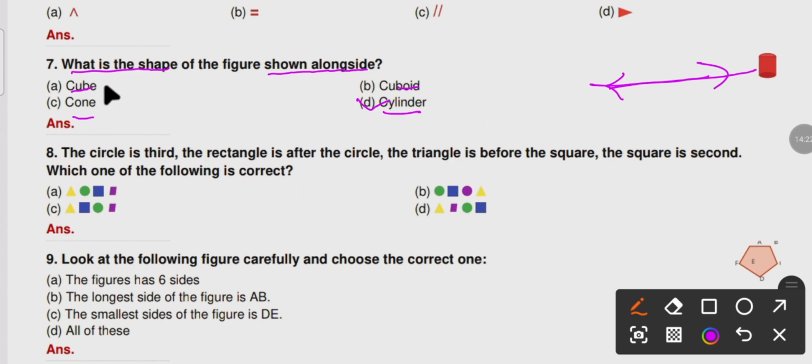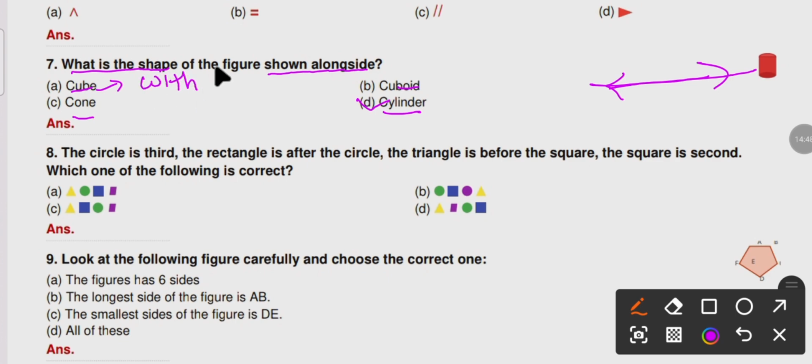Okay, so cube, why we can't say this is cube? Actually these four options are 3D shape, three dimensional, but there is difference. So what is the difference between these options? So like first, cube is 3D shape, but with how many squares?